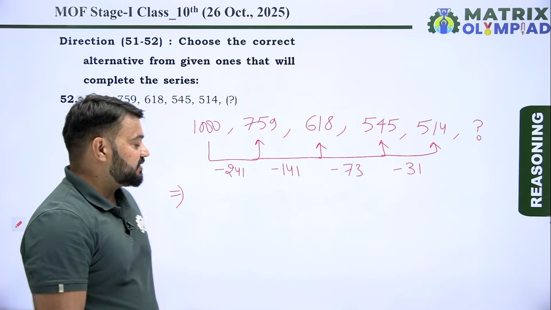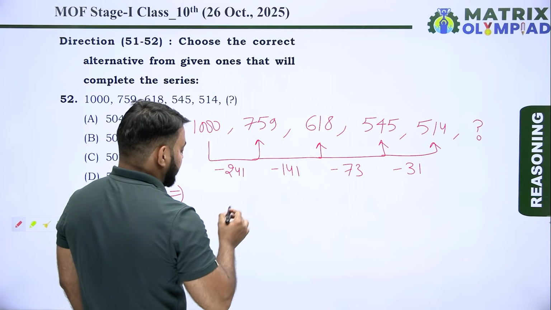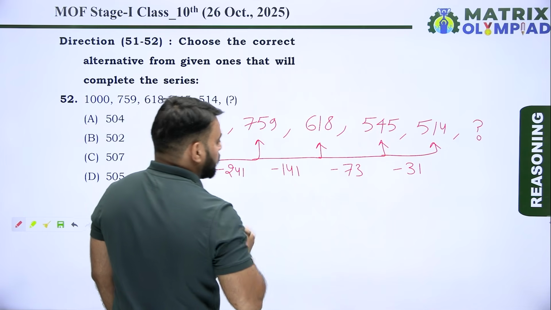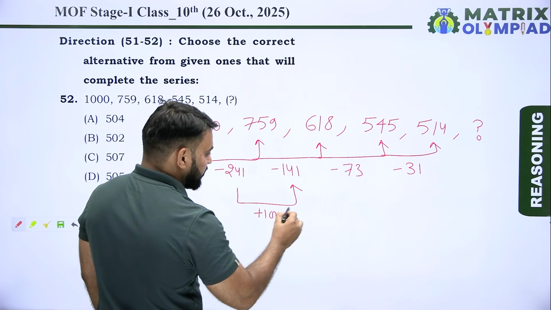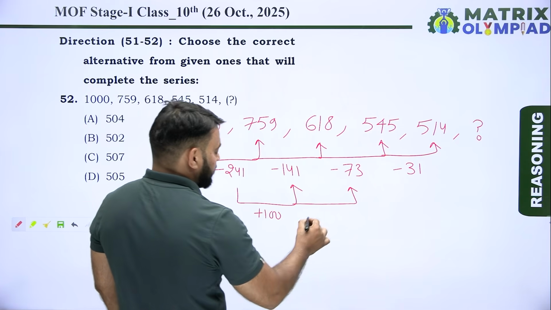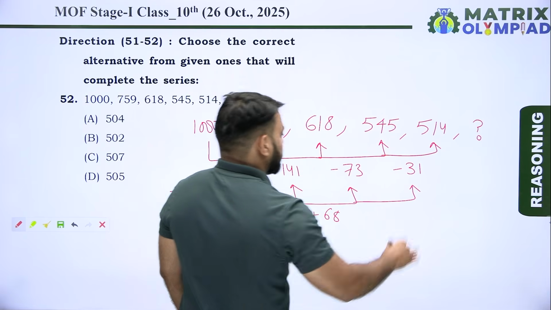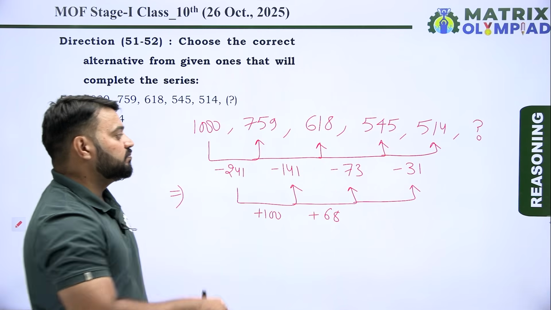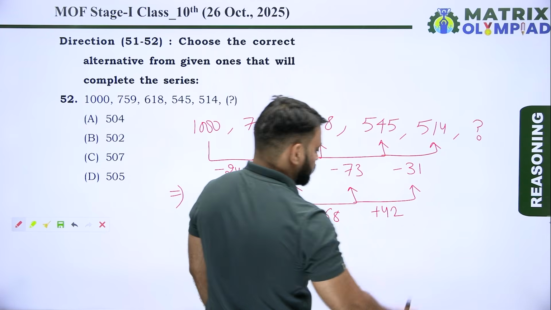Now find the differences between these differences. इन differences का भी differences find करेंगे. 241 to 141 it means plus 100. 141 to 73 it means plus 68. Minus 73 to minus 31 it means plus 42.